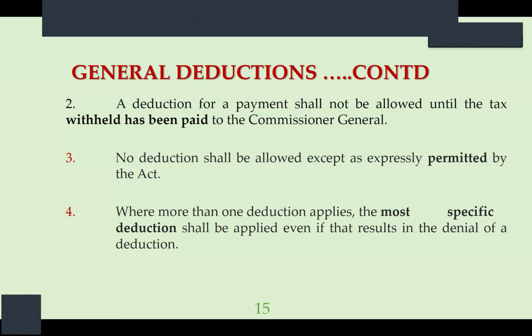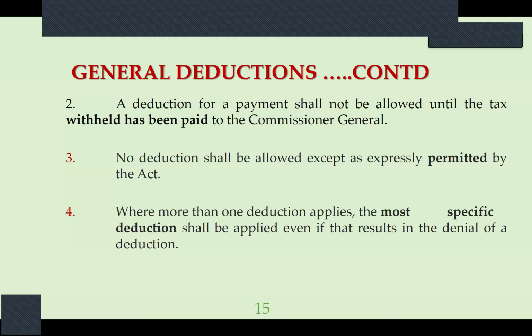If not deducted, that withholding amount, this person is not entitled for the deduction of that total payment, not only the withheld part but the total expenditure. For example, if I am engaging in a business and I have rented a building for that business, I have to pay rent expenditure to the tenant.